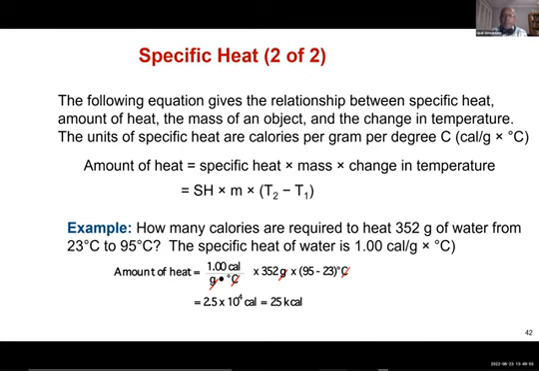Now, the equation is SH, specific heat times mass, times T2 minus T1.